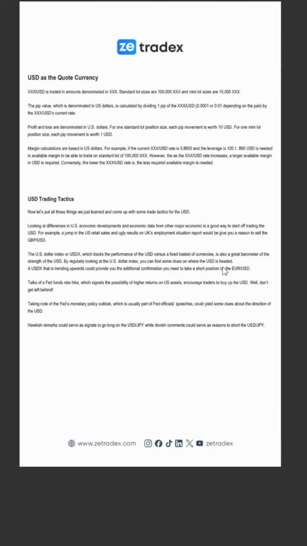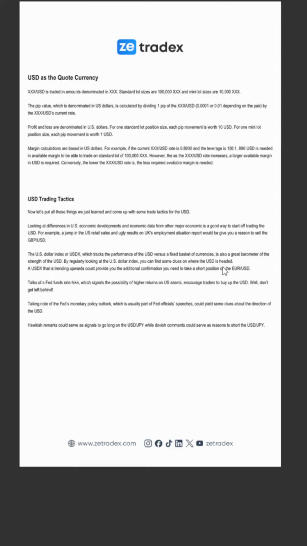Now, having the USD as the quote currency is a whole other ballgame, because when you have, for instance, EUR/USD or GBP/USD, traded in amounts denominated in euros or GBP, the standard lot sizes are 100,000 times the base currency, and mini lot sizes are 10,000.